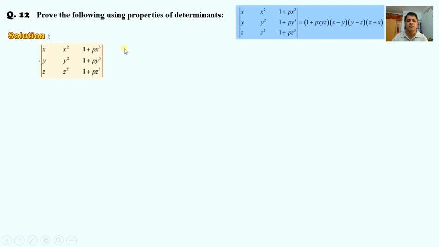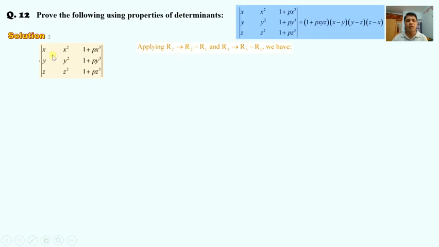That is a little lengthy method, so we will go for a little shorter way. Directly subtract y minus x or x minus y, whatever, z minus y or y minus z; alternatively, as per your convenience, you can apply those operations. We'll give two operations here. First, R2 will change with the help of R2 minus R1, y minus x or x minus y, whatever it is, and R3 will change with the help of R3 minus R1.